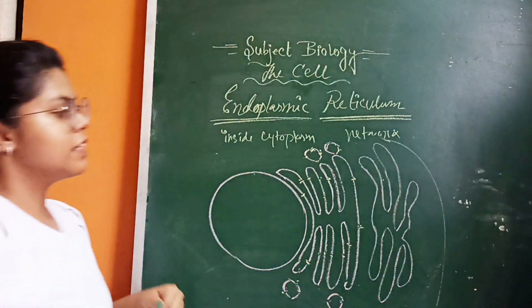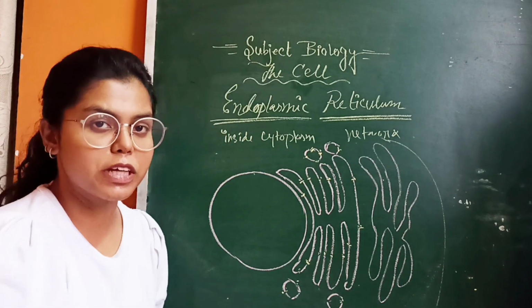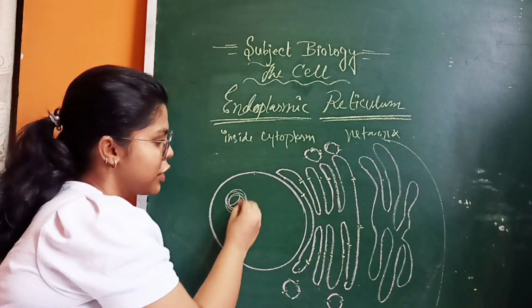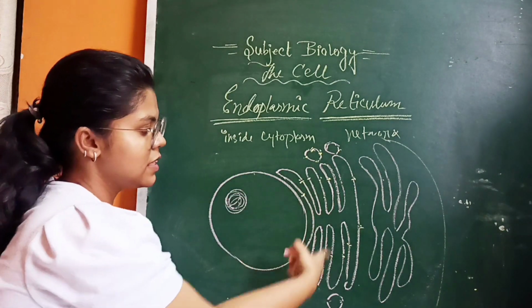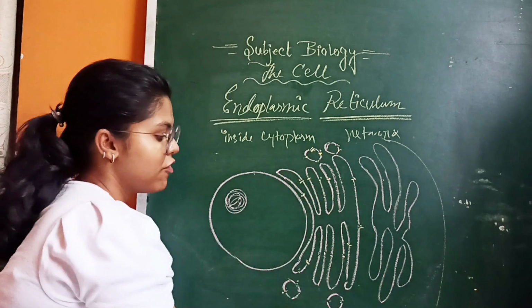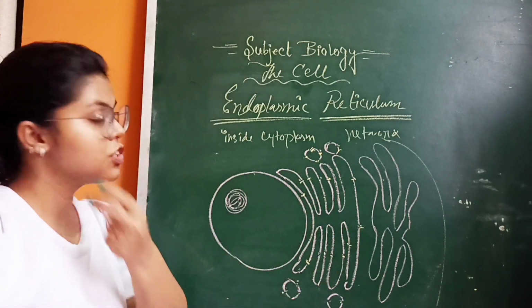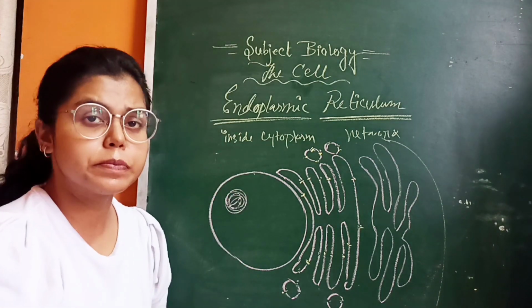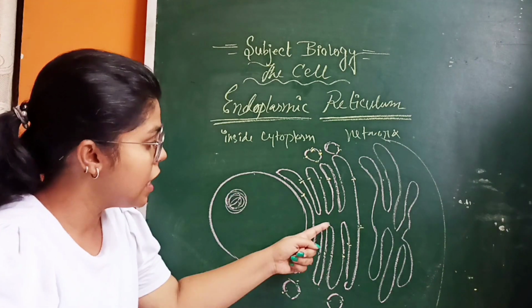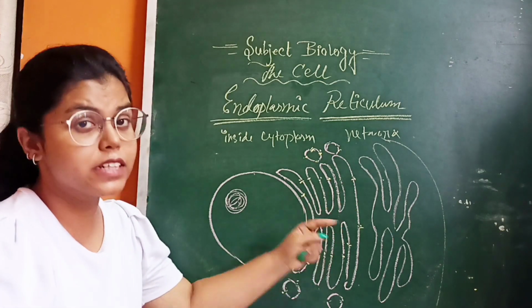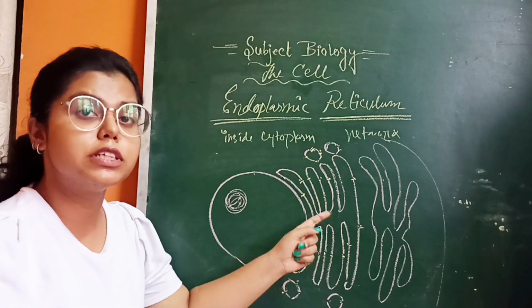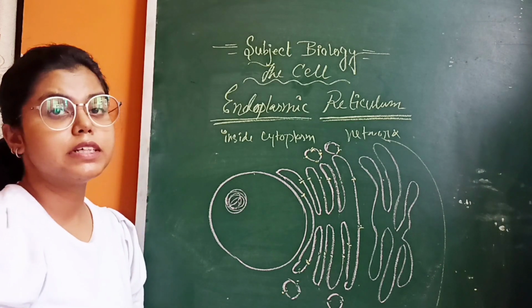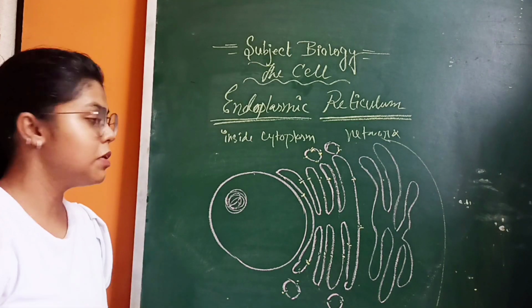This is the tubular structure of endoplasmic reticulum. So this is the basic structure of endoplasmic reticulum. This is the cisternae, this is vesicle, and this is tubules. The cavity-like structure inside the cisternae and also the tubules is known as lumen.